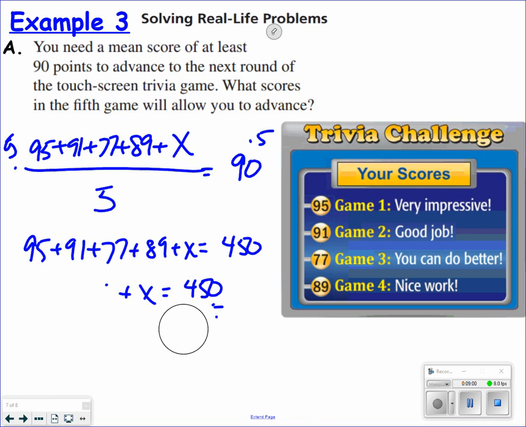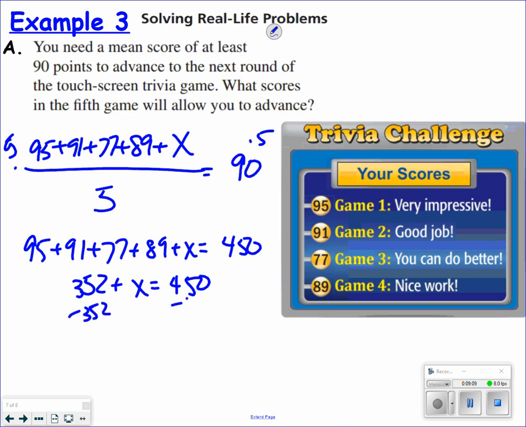Sorry, I said it right and then wrote it wrong. Let me try that again. So 352. Subtract 352, and you get 98. So I would need a 98 on the last game. A little bit unlikely. 98 points in the last game.